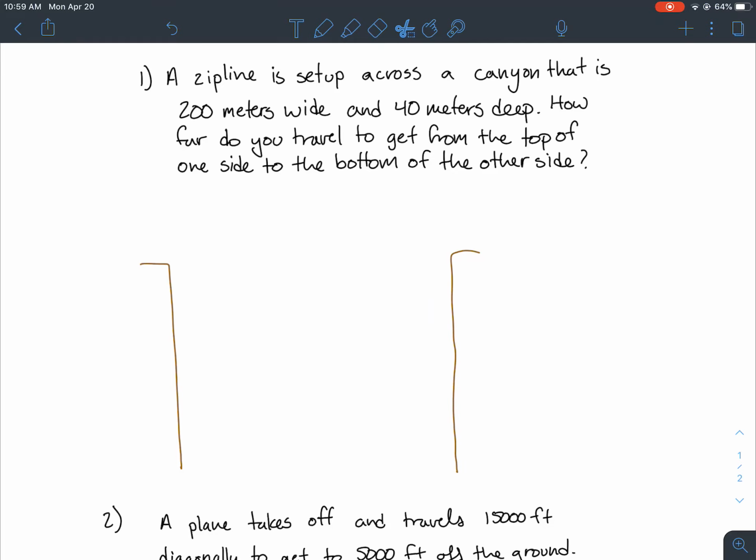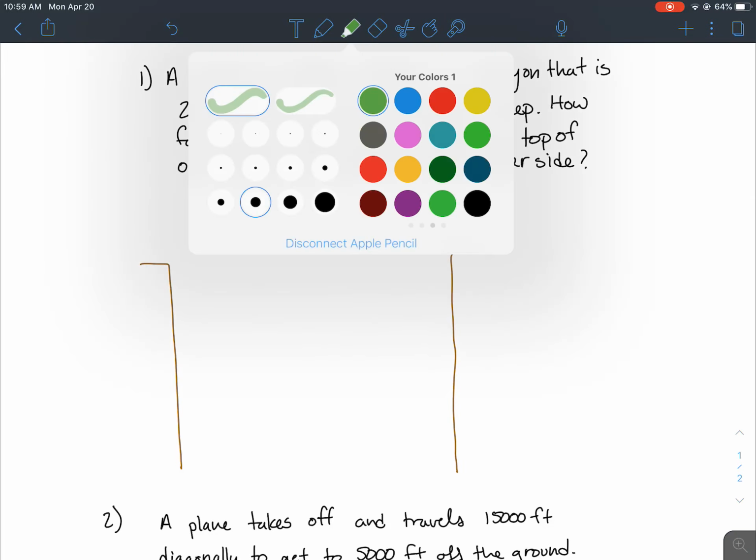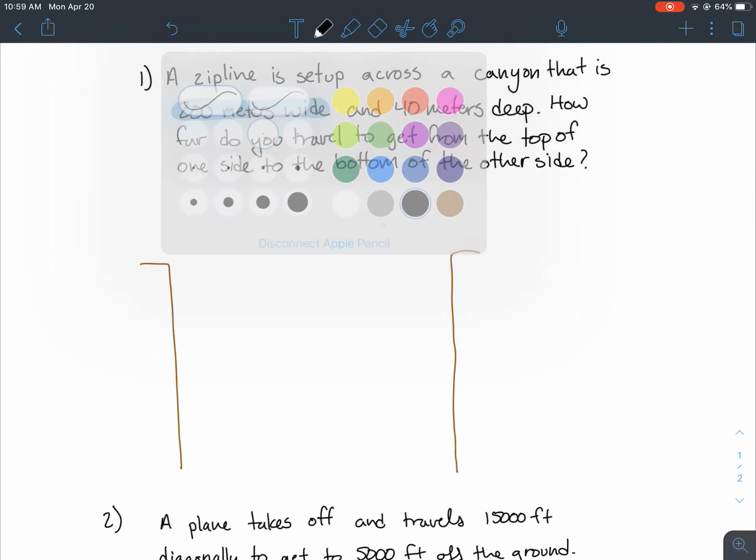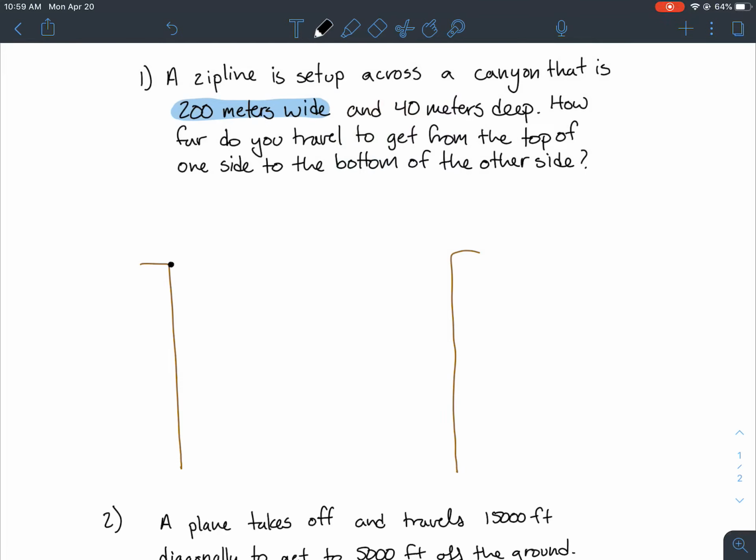Okay, and now it says that the canyon is 200 meters wide. So that means from here to here is going to be 200 meters.